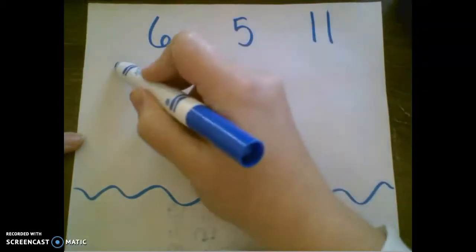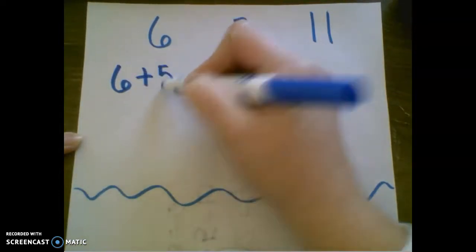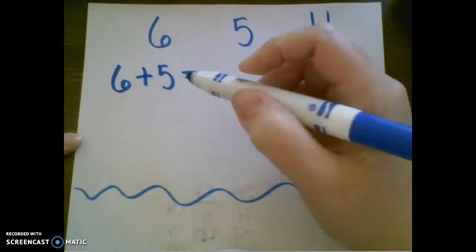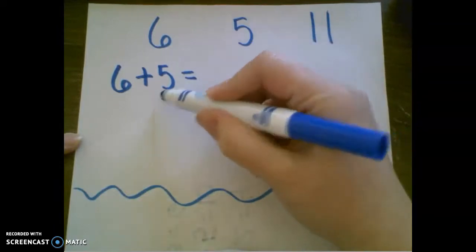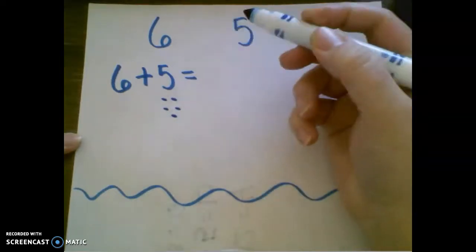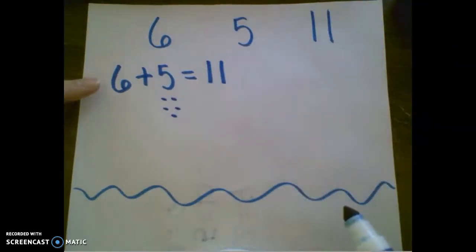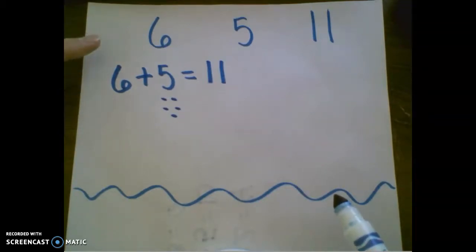So I already know that 6 plus 5, if I were to count on 6, 7, 8, 9, 10, 11, equals 11. So that is one addition problem that I can make, or addition equation that I can make using these 3 numbers.